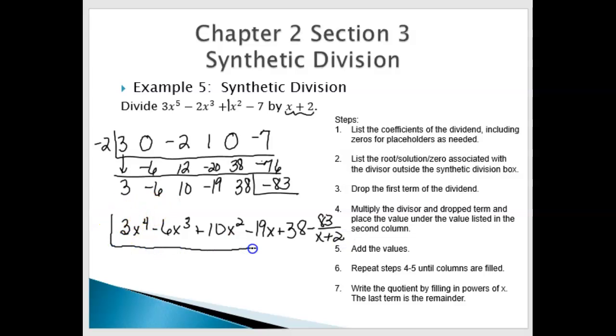Okay, so this would end up being my full quotient, remainder included. Okay? All right. And that last part that we just did, by the way, is step 7.